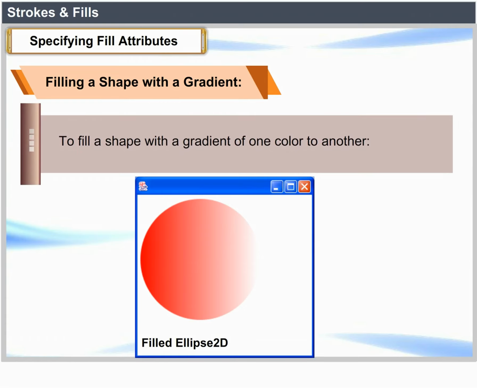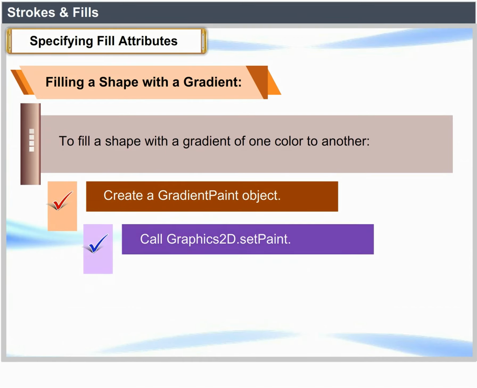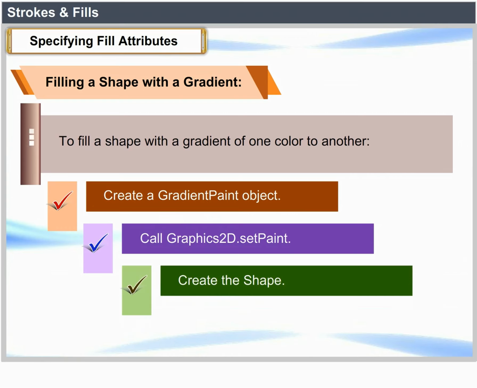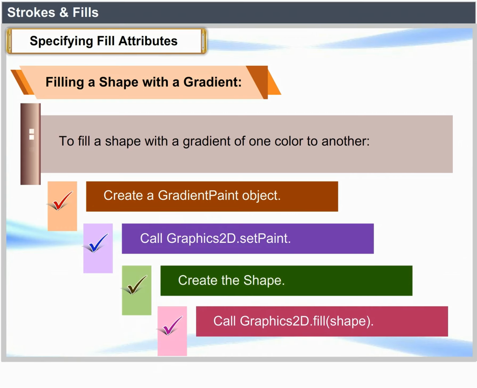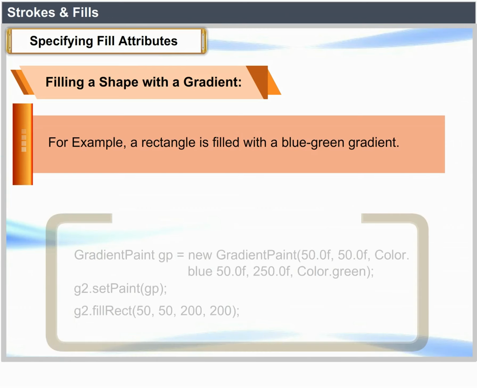To fill a shape with a gradient of one color to another, create a GradientPaint object. Call Graphics2D.setPaint. Create the shape. Call Graphics2D.fill of shape. For example, a rectangle is filled with a blue-green gradient.